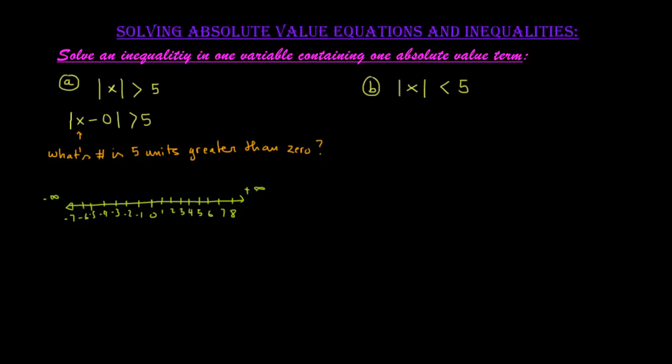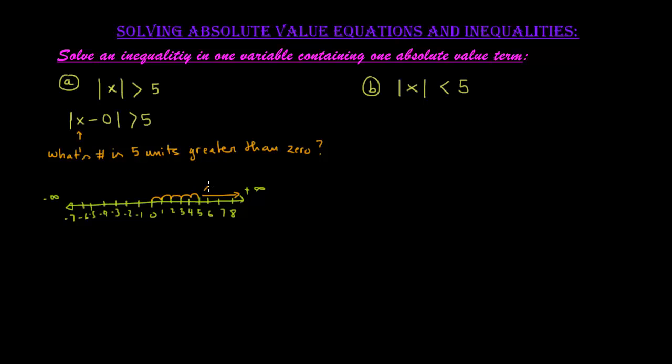So let's count on this one. Here is my 0. So 1, 2, 3, 4, 5. The number 5 is 5 units away from 0. So 6 is 6 units away from 0, which is greater than 5, and also 7 is 7 units away from 0. So any number greater than 5 will give me a distance greater than 5.